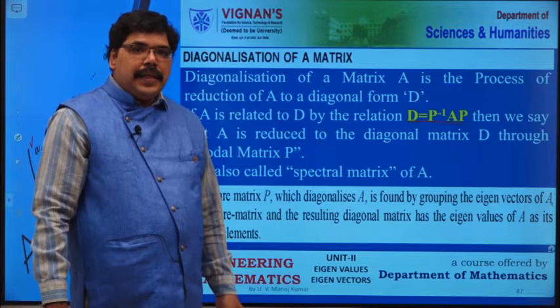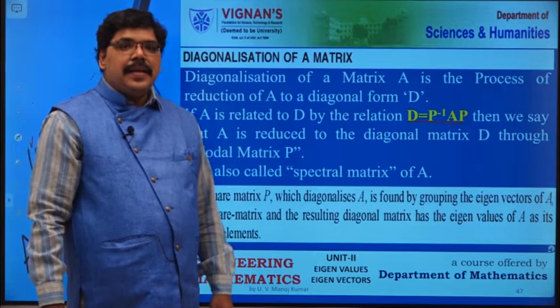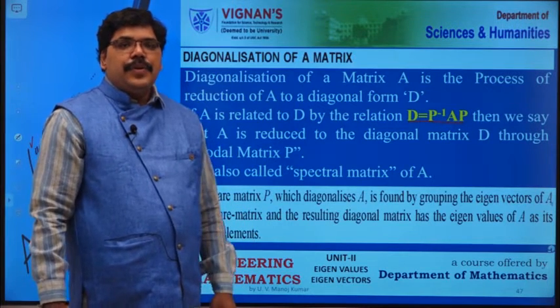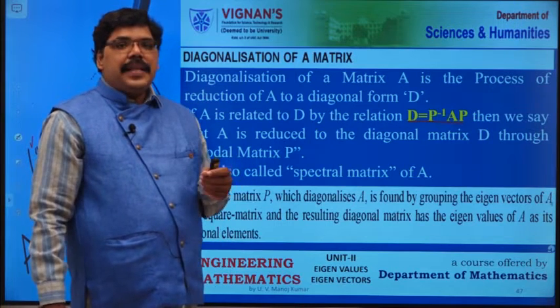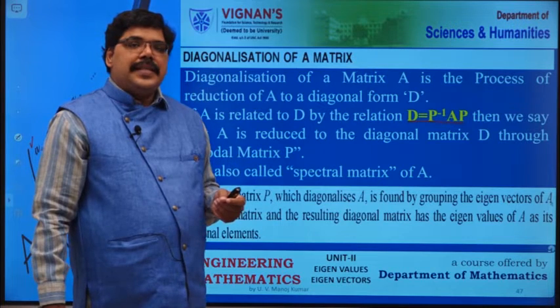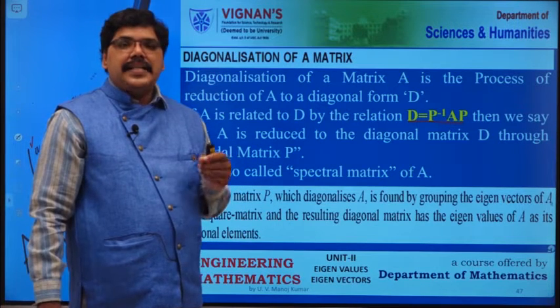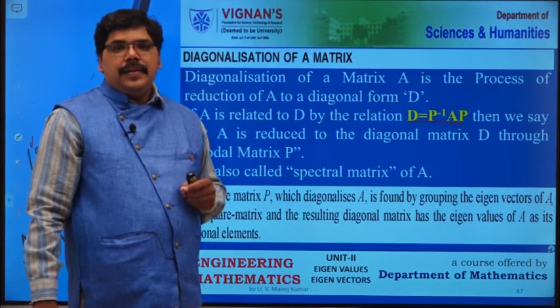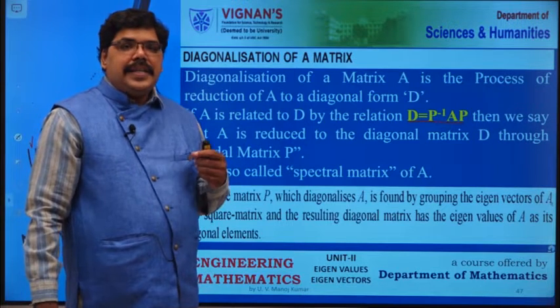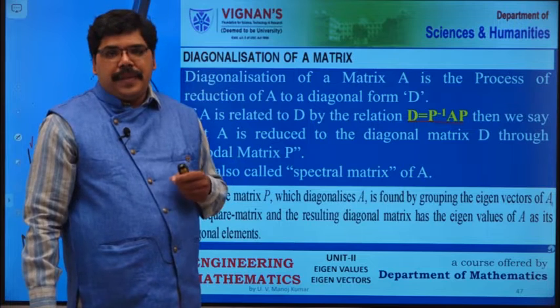D is the resultant matrix which we assume to be a diagonal matrix. So, here A is the given matrix. I want A to be reduced into a diagonal matrix and I am representing the diagonal matrix as capital D. So, for reducing A into capital D, I am using the relation D equals P inverse AP.